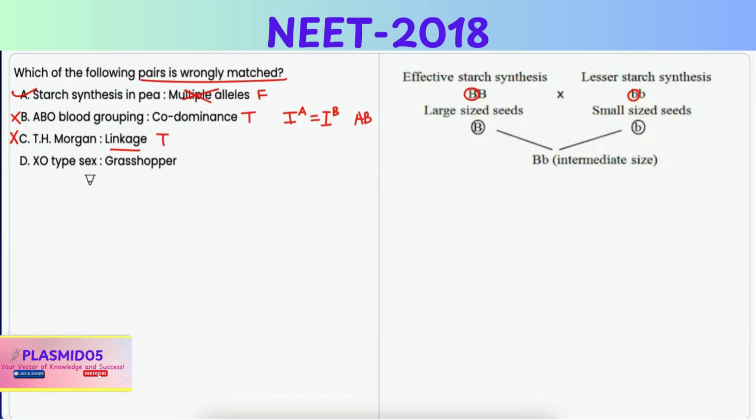Option D, XO type sex determination is to grasshopper. Now it is also correctly matched because grasshoppers exhibit the XO type of sex determination where females have two X chromosomes but males have only one X chromosome. Hence it is also incorrect option.